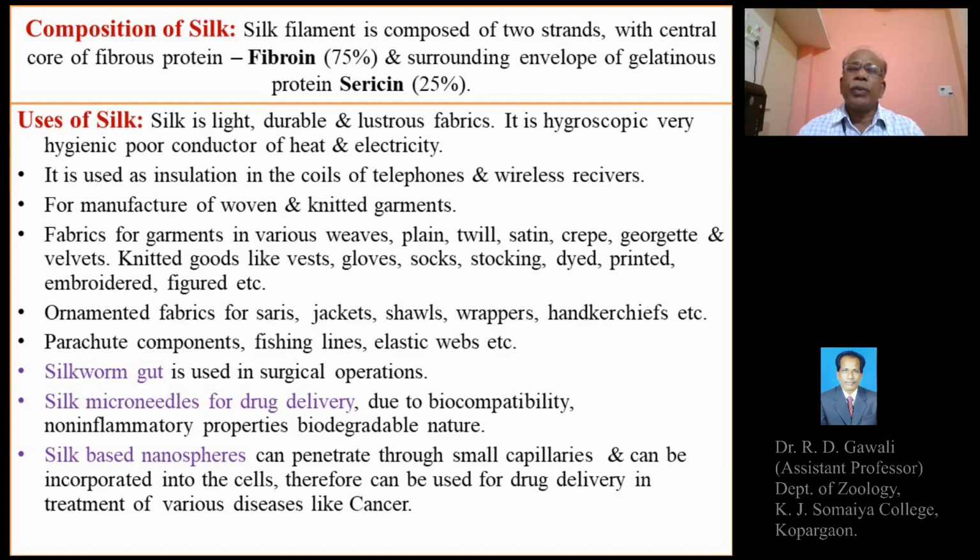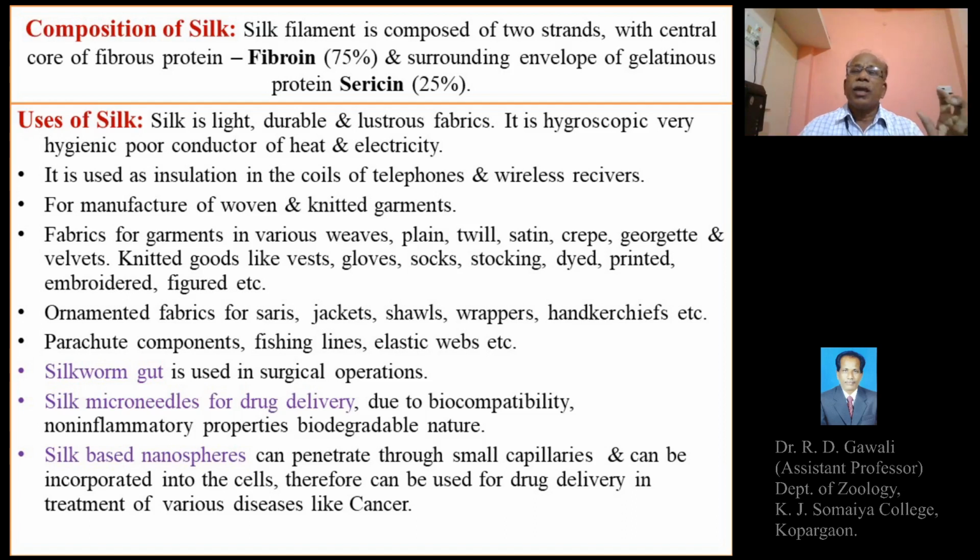It is hygroscopic, very hygienic, a poor conductor of heat and electricity, and thus it is of great importance in the textile industries. The silk is used as an insulation in the coils of telephones and wireless receivers.